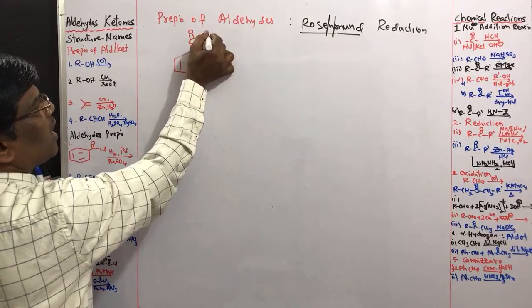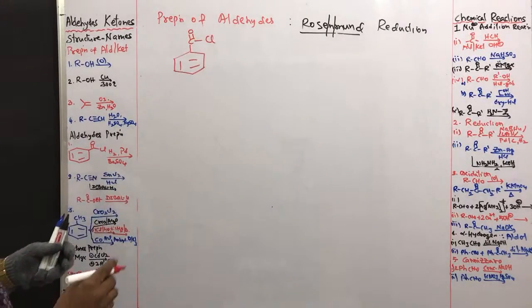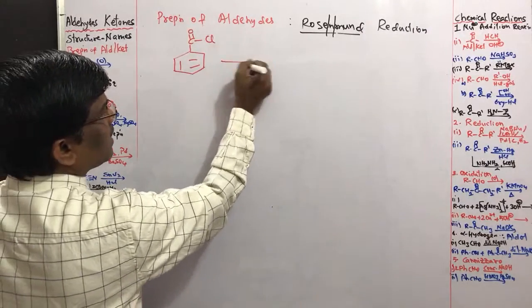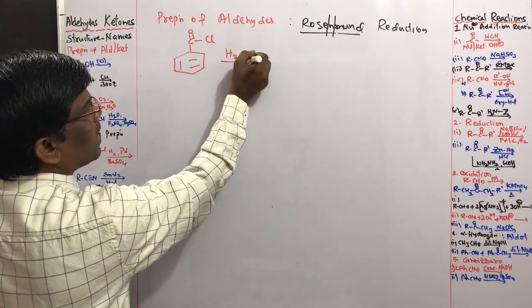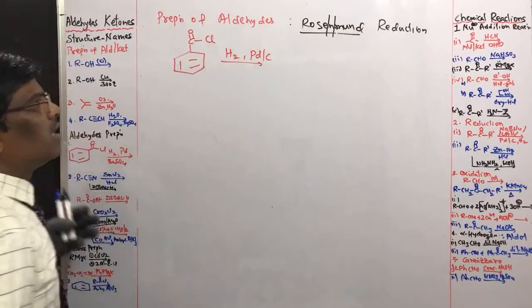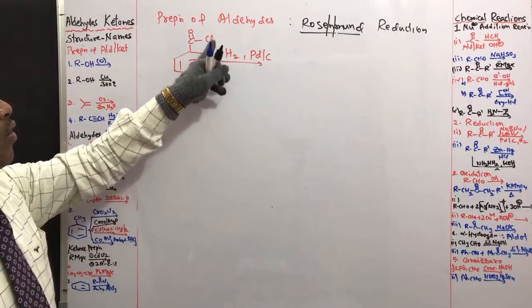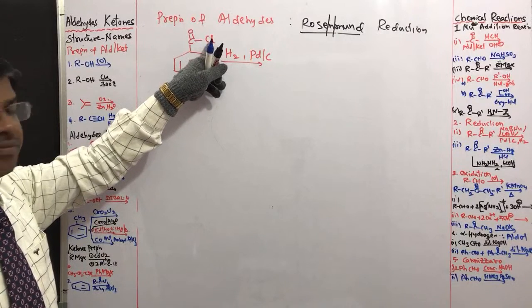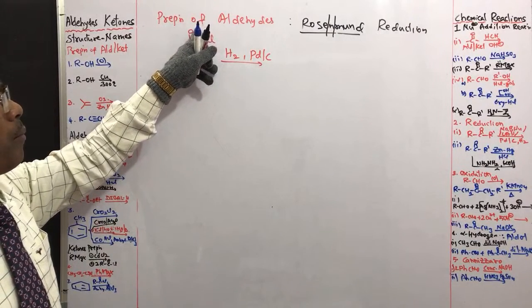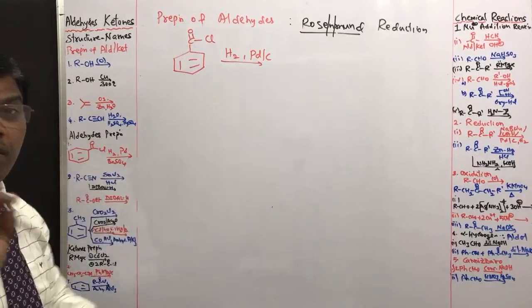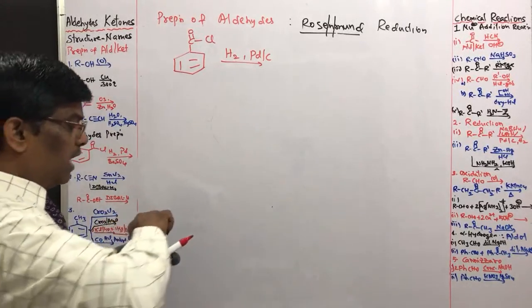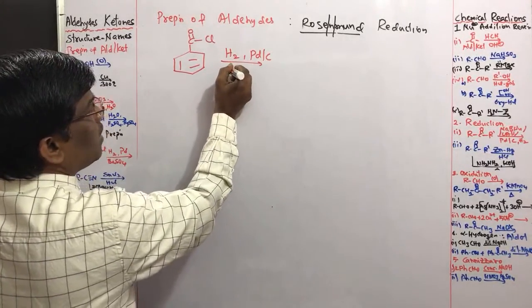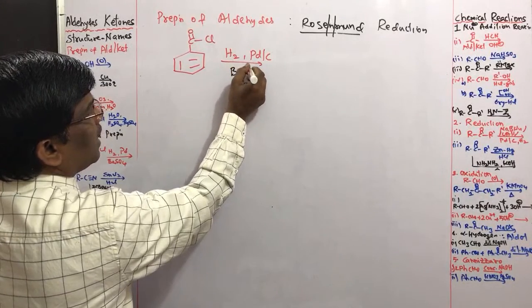This is benzoyl chloride. When I treat it with hydrogen in presence of palladium on carbon, it is going to reduce halogen to hydrogen, and this carbonyl compound is going to be stable only when I add barium sulfate.